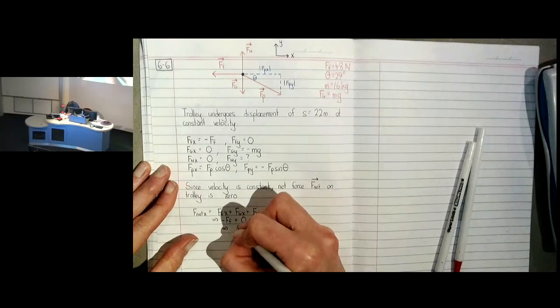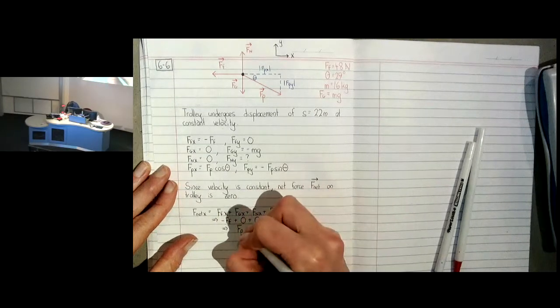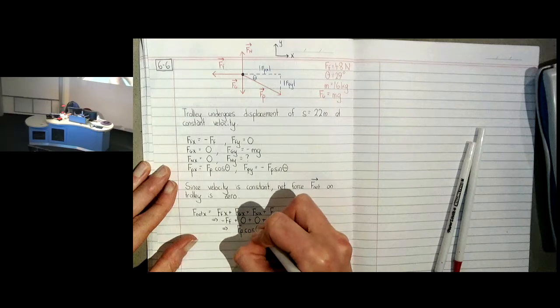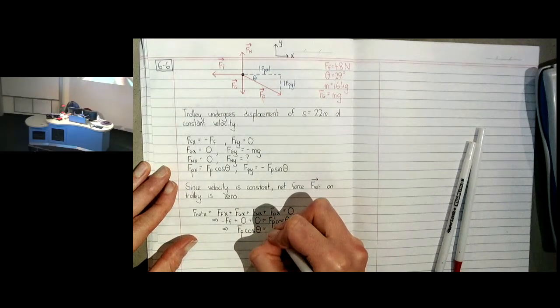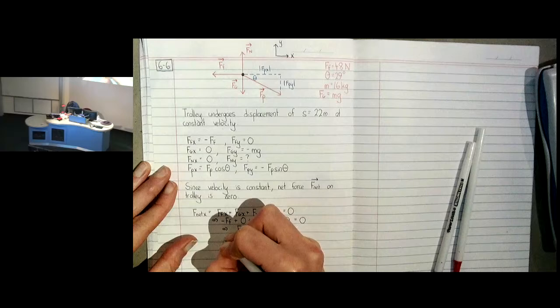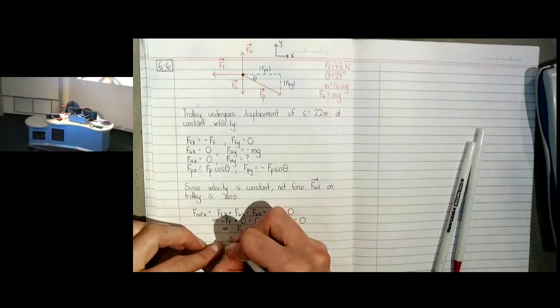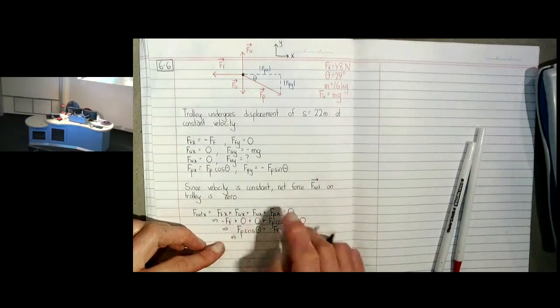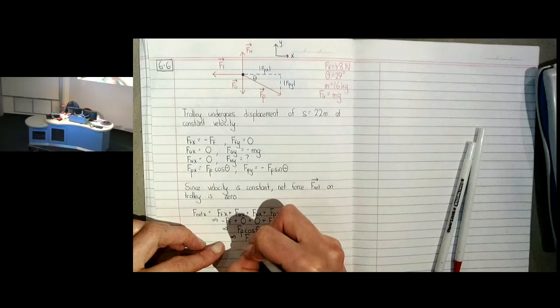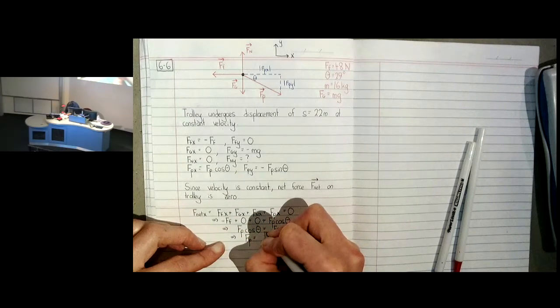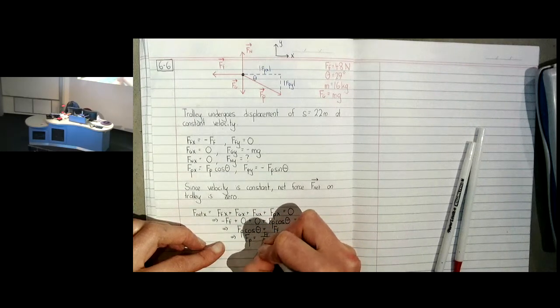And what we end up with is that that's equal to this. So now if we just divide both sides by cos of theta, we find that the magnitude of that pushing force is Ff divided by cos theta.